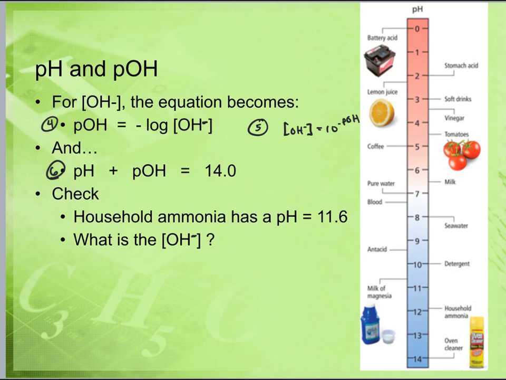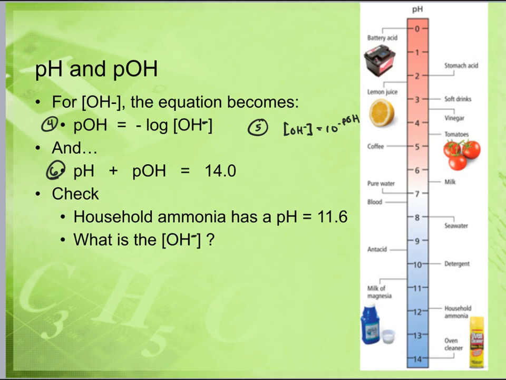So, how do we calculate some of these things? The household ammonia has a pH of about 11.6. What's the hydroxide ion concentration? So what we would do is, okay, this is the information given to us, a pH of 11.6. And we look for equations that could get us to this number right here.